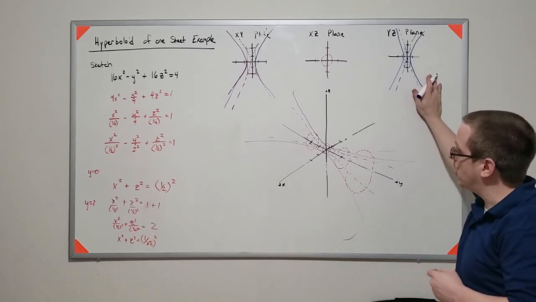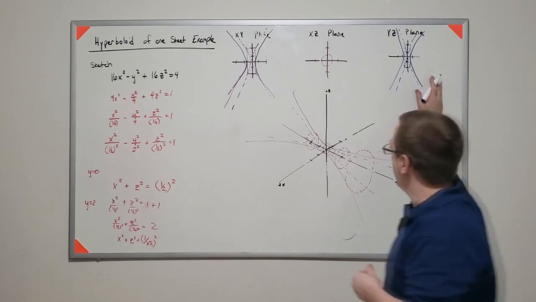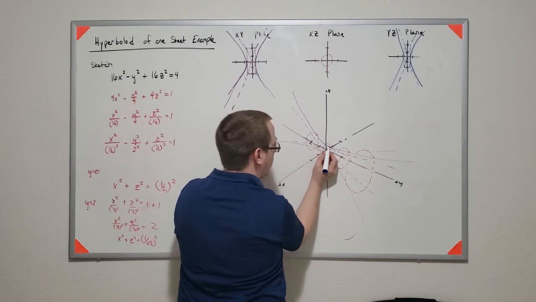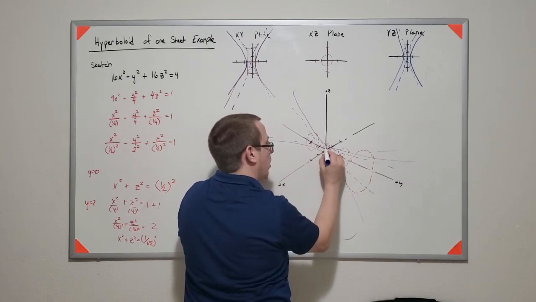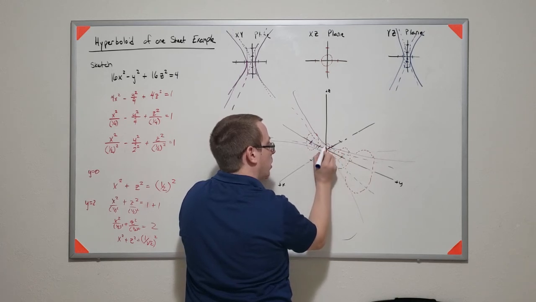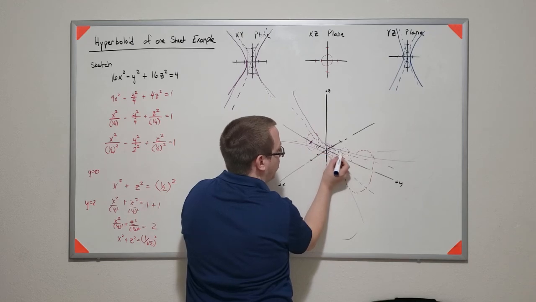In the YZ plane, it's going to come up to that half mark, and you have that same bounding box.